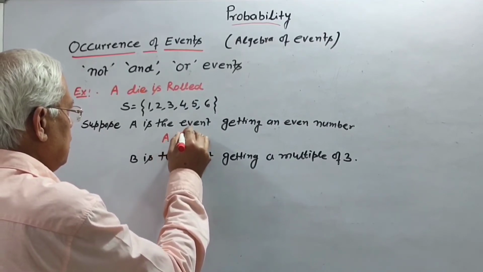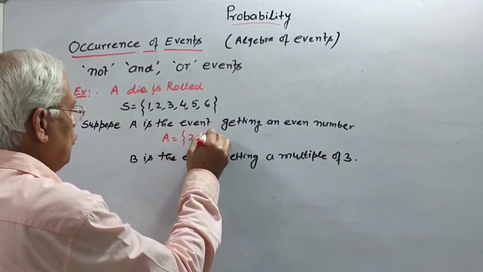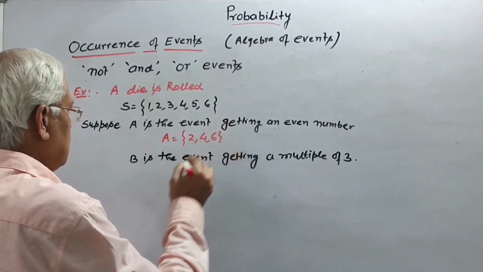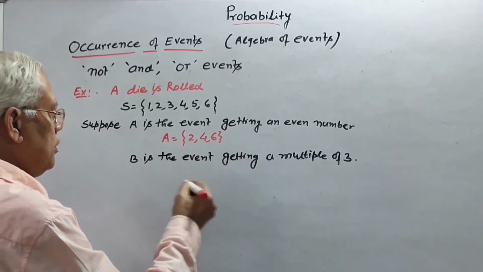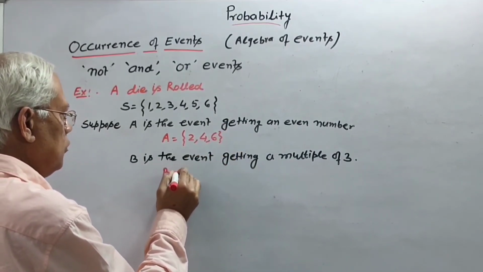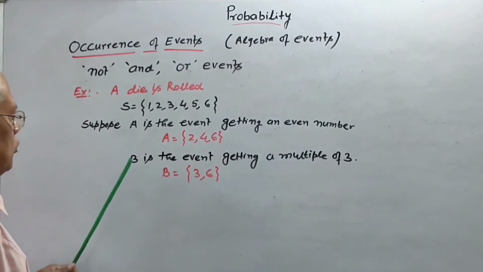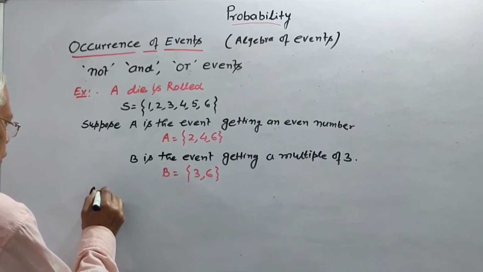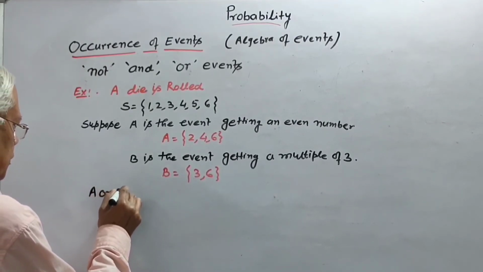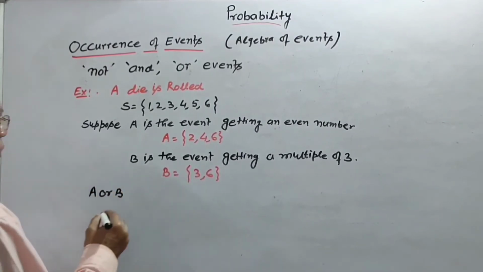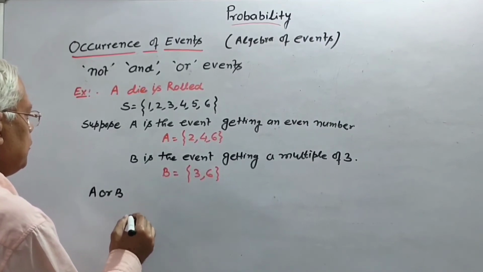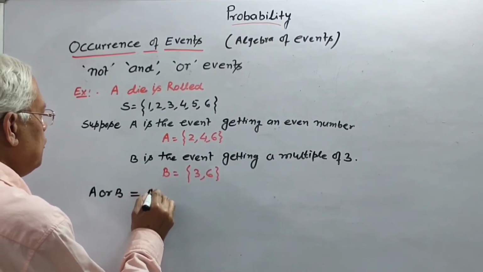Then what is A? Even number, that is 2, 4, 6. And B is the event getting a multiple of 3. So that is 3 and 6. Now A or B. A or B means A union B.